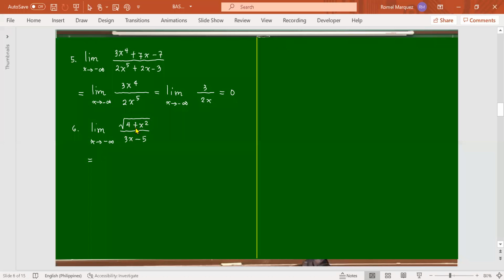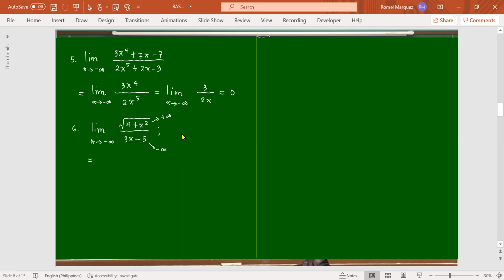Okay, now. Kapag ang x getting very big, so the radical is getting very big. What can you say about the square root getting big? This is going to be very big positively. Yung denominator, going to be very big negatively.